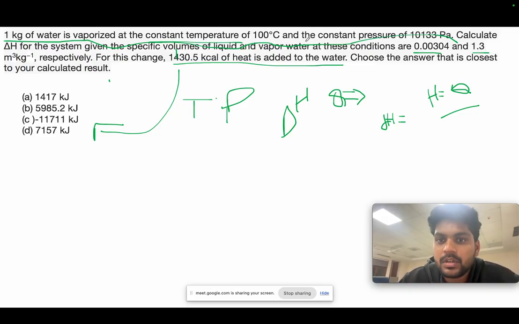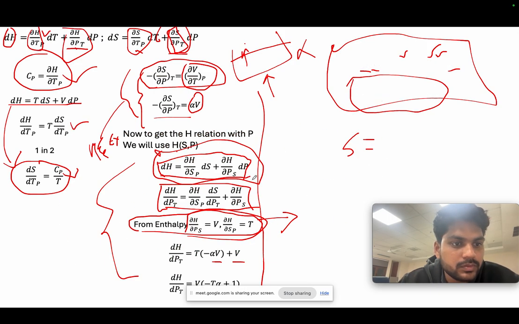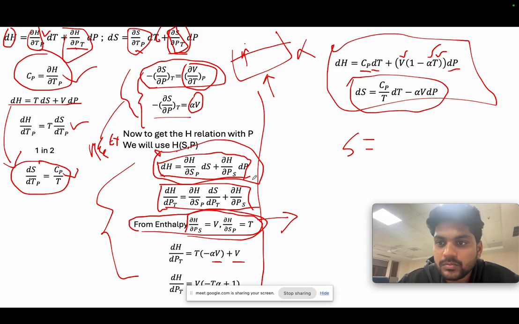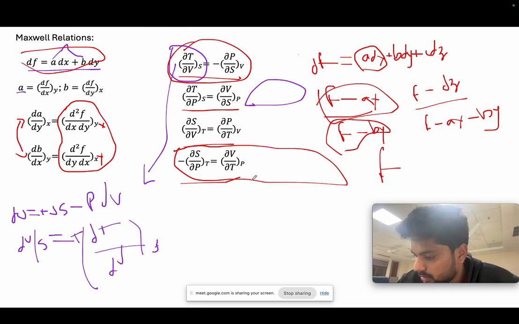So what is happening is that T is constant and the pressure is constant. Once again, I'm just coming back to those equations.